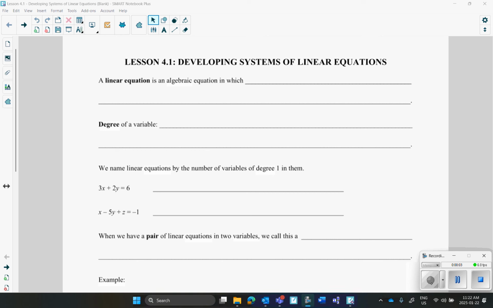Okay, so what you guys have been doing up to this point with equations, solving equations, is you've been solving and graphing linear equations. Okay?